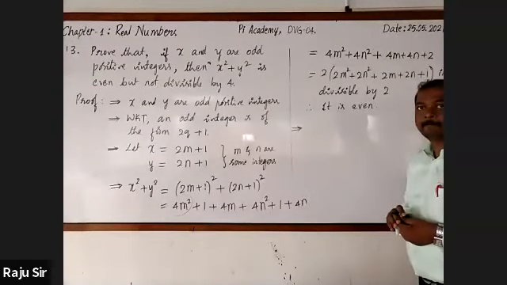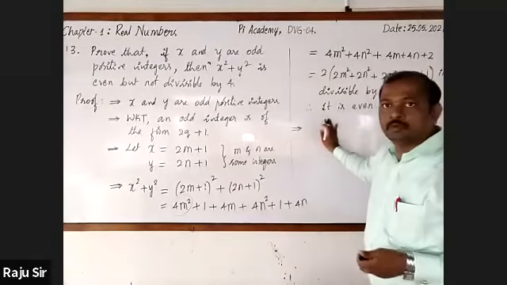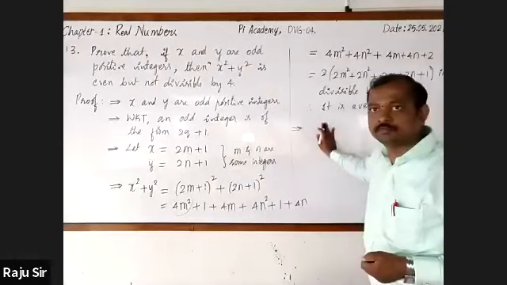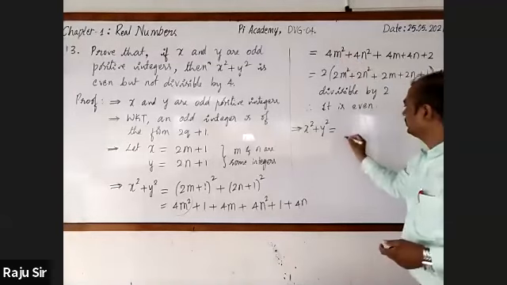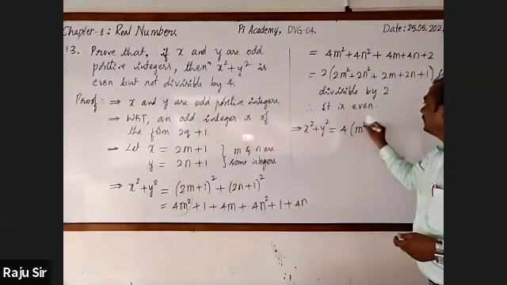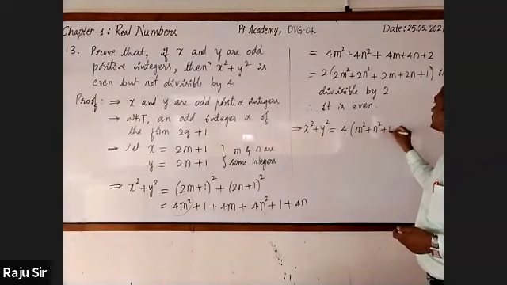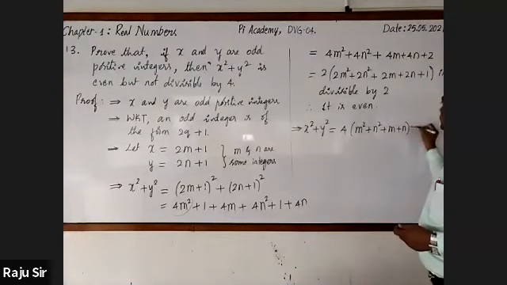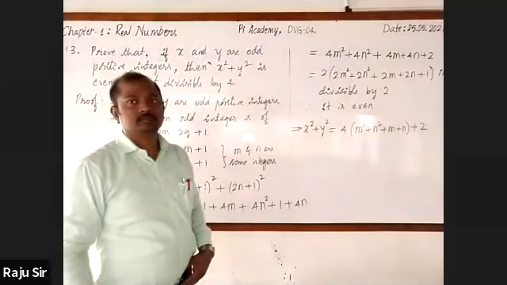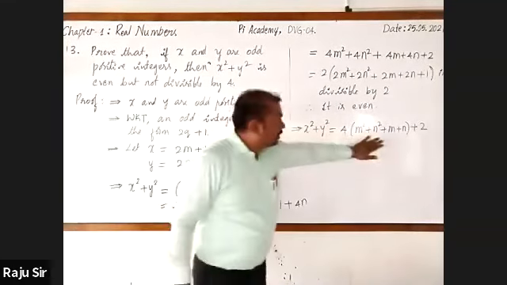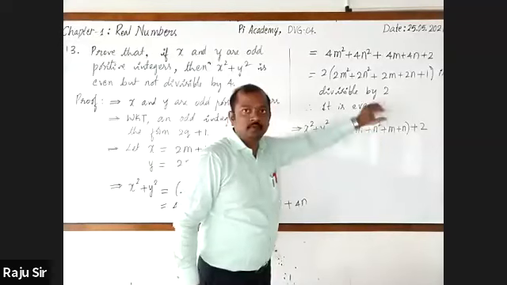Overall, x square plus y square can also be written as, now I'll take 4 as the common factor, 4 into m square plus n square plus m plus n plus 2. Okay.